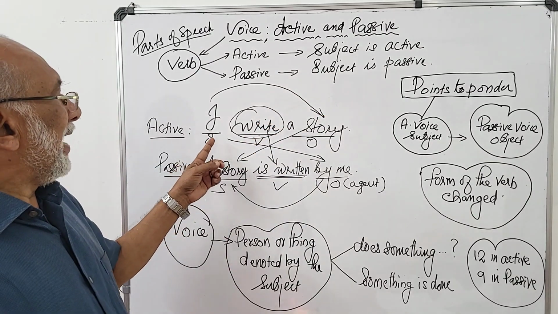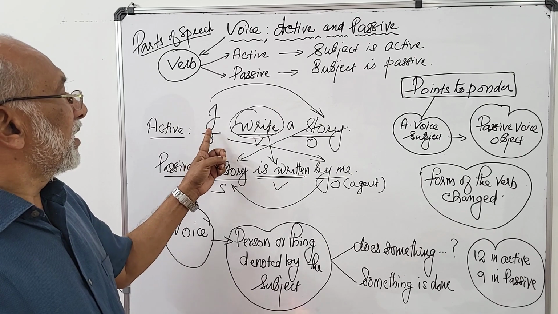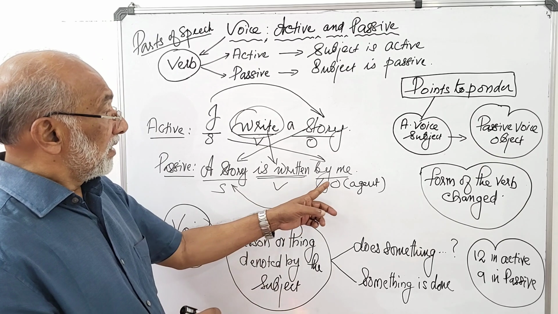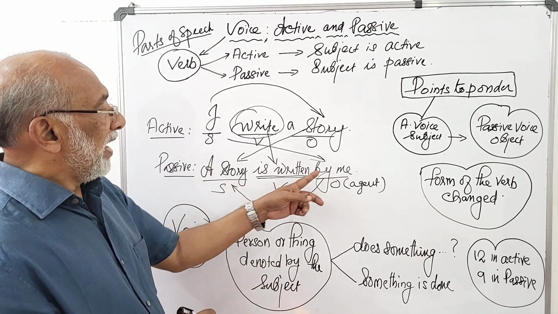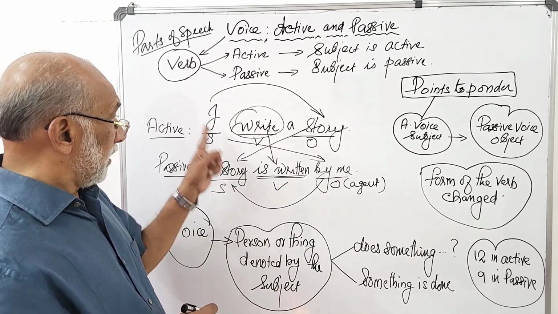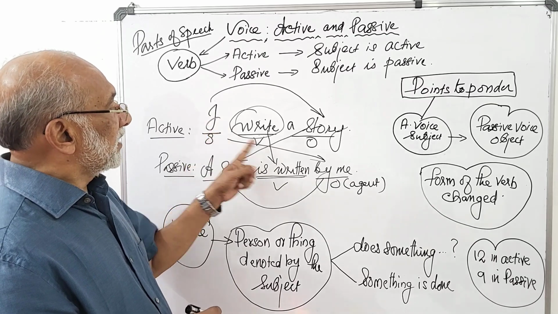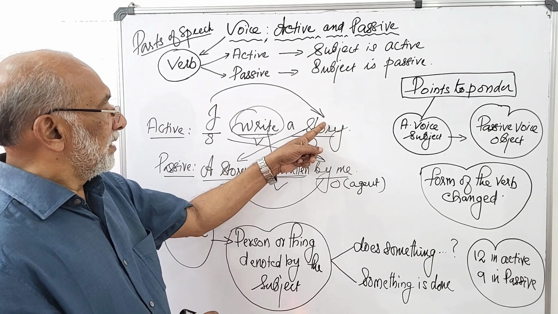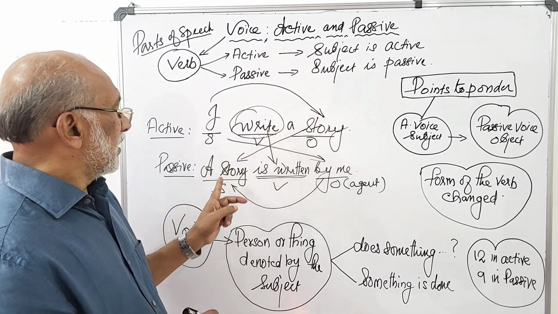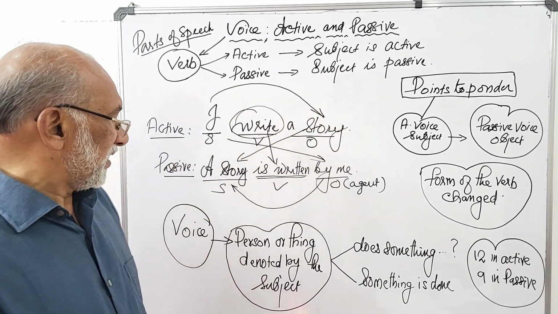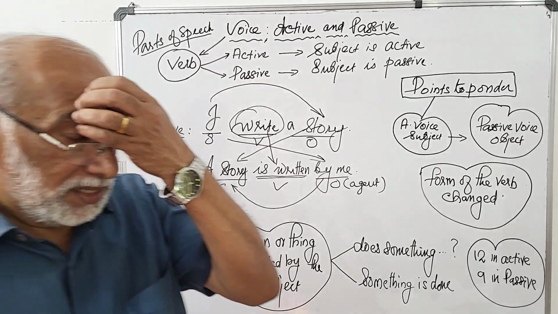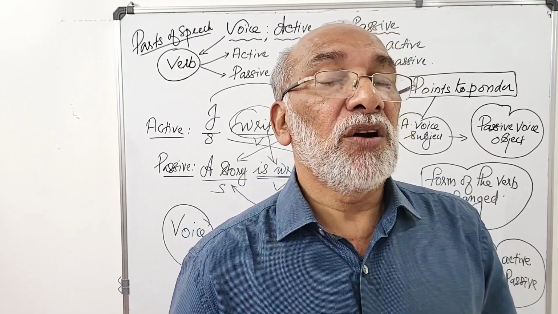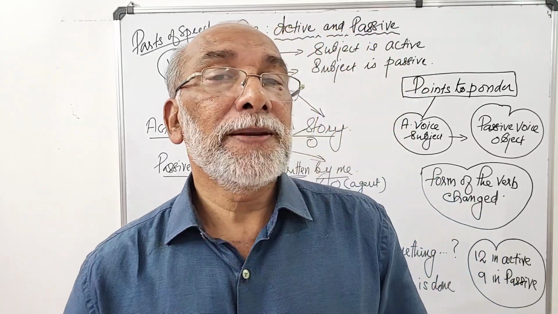And in the active voice, the action goes from the subject to the object, whereas in the passive voice, the subject receives the action, or the action comes from the object to the subject, because the subject in the active voice becomes the object in the passive voice, and the object in the active voice becomes the subject in the passive voice.